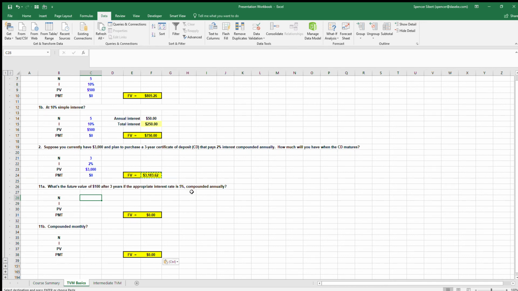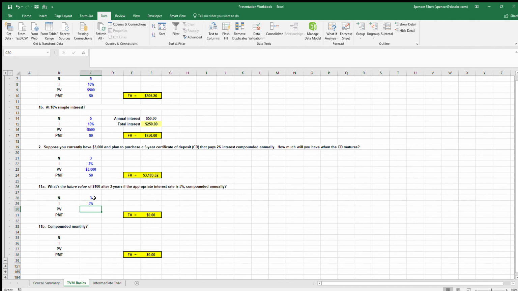So going straight to 11A, what's the future value of $100 after 3 years if the appropriate interest rate is 5% compounded annually? So the first variable we're putting in there is going to be the time. So that's 3 years. 5% compounded annually. Your present value is, so it's asking if the future value is $100.